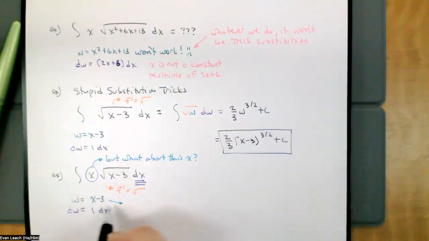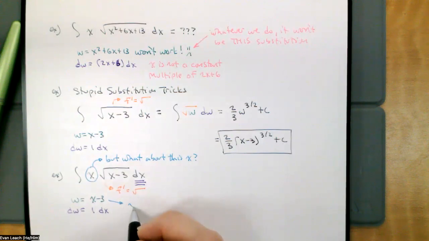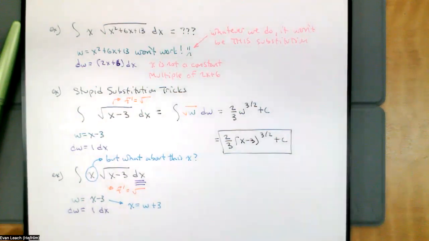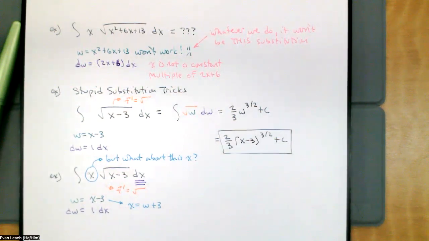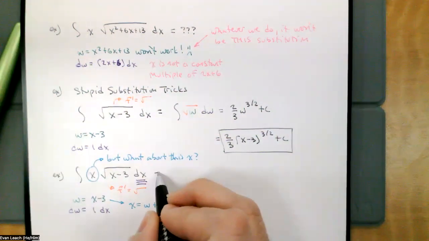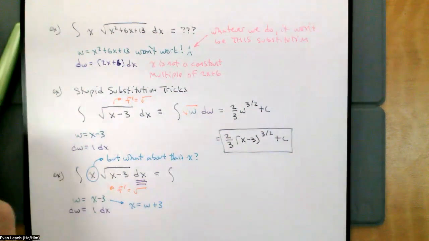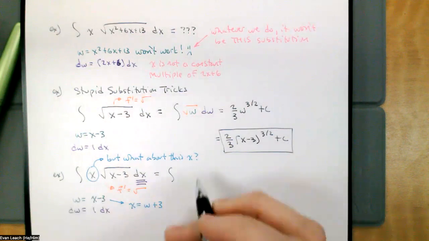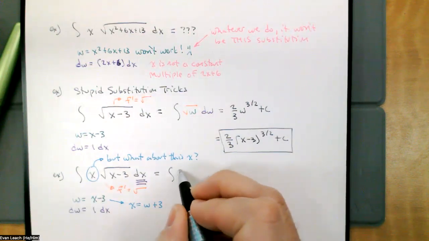I can rewrite W equals x minus 3 as x equals W plus 3. This seems like a strange thing to do, but it's going to do something very important for us that we have to be able to recognize. So my integral is going to have these parts to it. This x becomes a W plus 3.